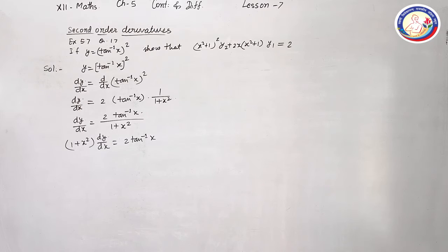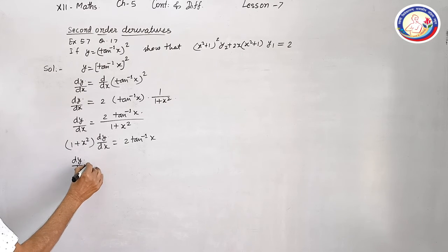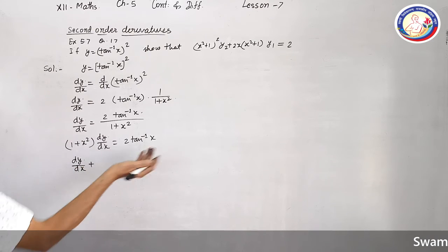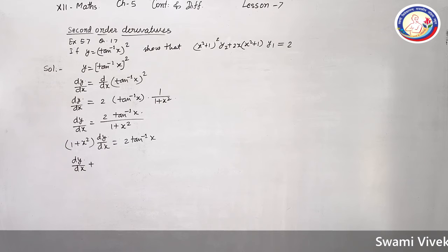Differentiating both sides with respect to x again, we can write it dy by dx plus x square. We will keep it as it is, no problem at all.